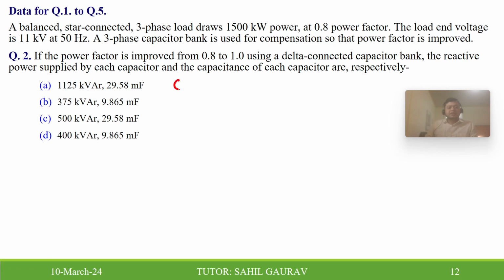So reactive power, we know the expression, that is root 3 VL IL sin phi. VL is 11 kV, and we have found the line current 98.41 ampere.